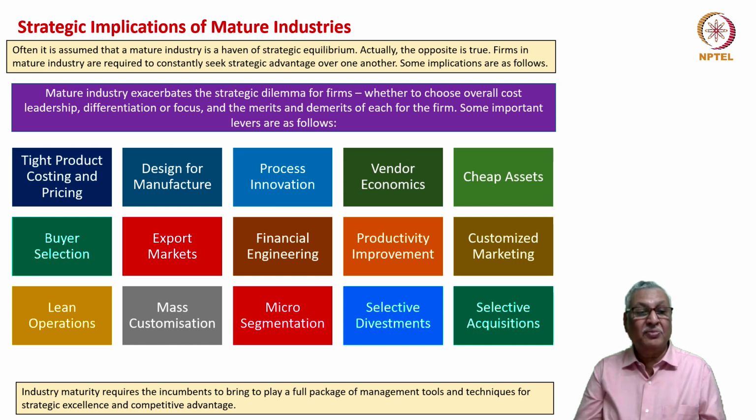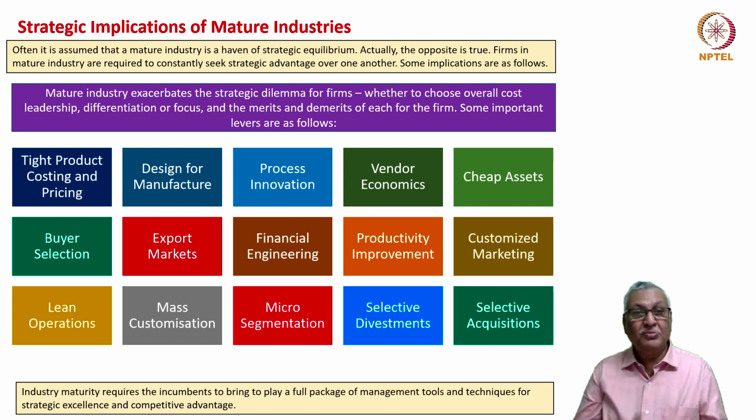Tight product costing and pricing, designing for manufacture, process innovation, vendor economics, cheap assets are important firm level, facility level, competency level levers. Selecting the buyers, selecting the export markets for greater canvas, financial engineering for low cost of capital and better availability of funds, productivity improvement, and customized marketing are the process levers.